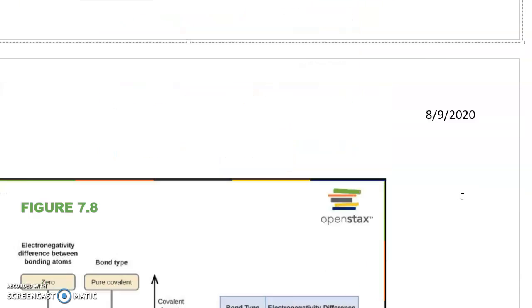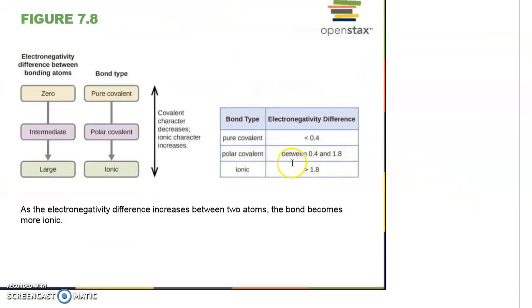In general, here are the rules. If the difference of electronegativity is less than 0.4, it is considered a pure covalent bond. And if the electronegativity difference is greater than 1.8, it is considered an ionic bond.